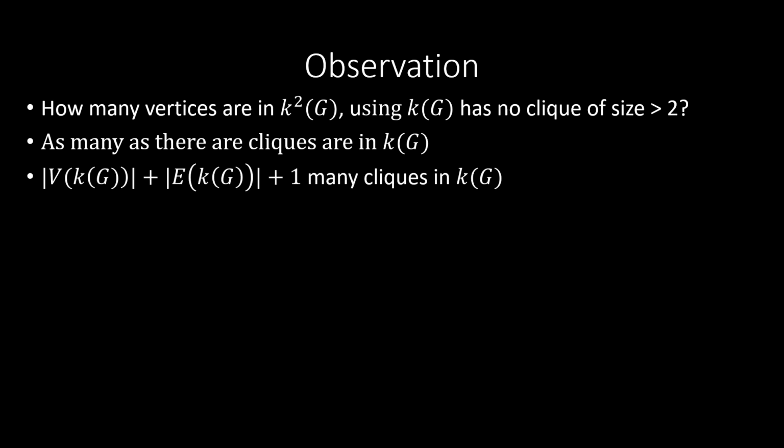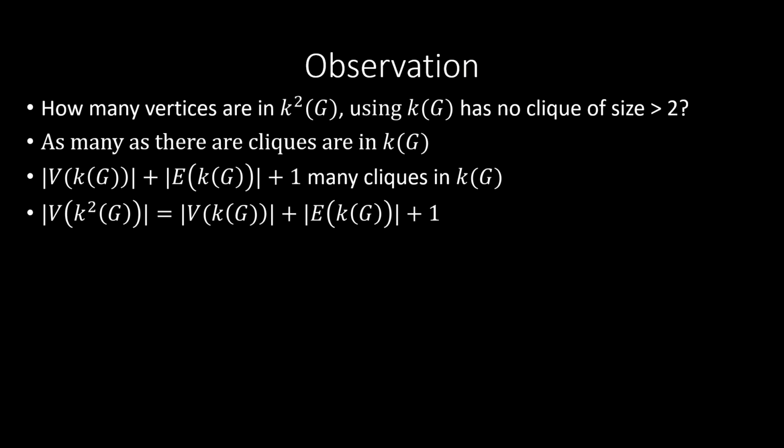Since its largest clique is at most a 2-clique, then that would be the number of 2-cliques plus the number of 1-cliques plus the number of empty cliques. This is just the sum of the number of edges, the number of vertices, and 1. That's how many cliques are in the first simplex graph. So that's how many vertices are in the second simplex graph.